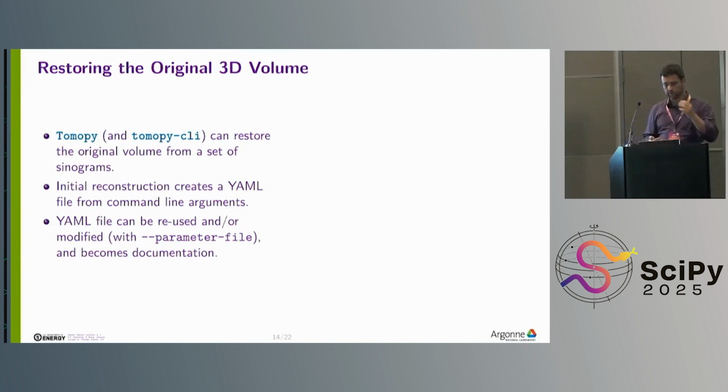One thing they also developed, which I quite like, is this TomoPy CLI library, where every time you run a reconstruction from the command line, you give it parameters as arguments, and it generates a YAML file with all of the parameters it used, including the defaults and everything. Then when you rerun that reconstruction, instead of giving all the parameters, you can just give it that YAML file, and it will rerun the exact same reconstruction. You can also use that YAML file for other reconstructions and do it in a more self-documenting way.